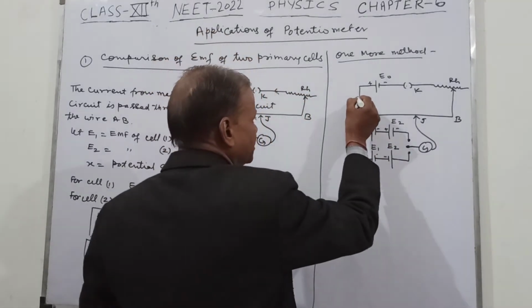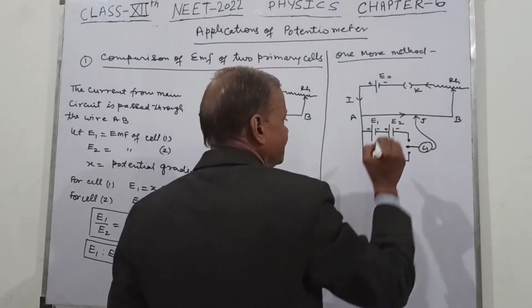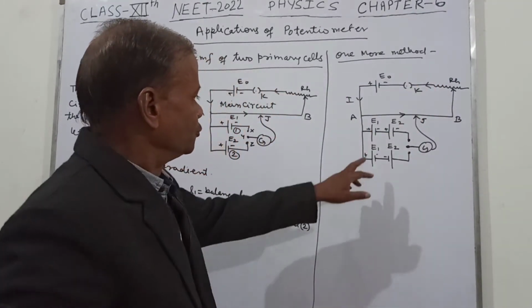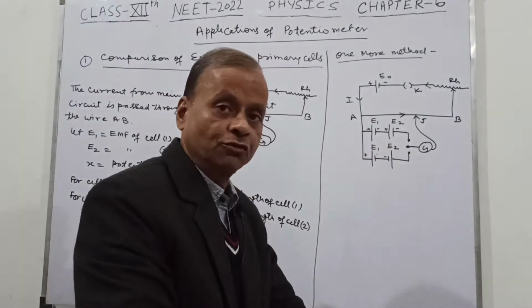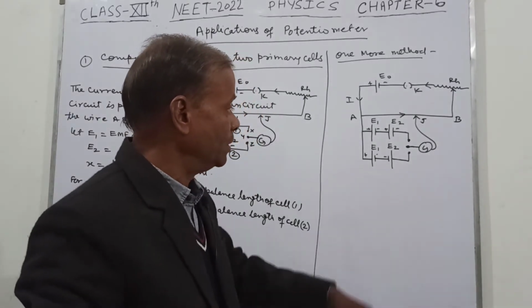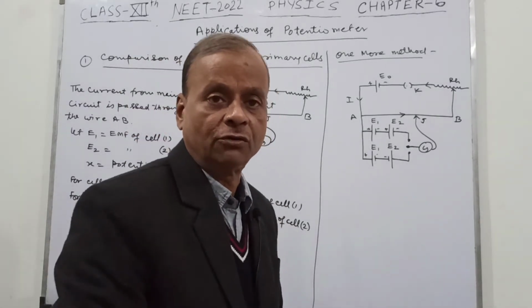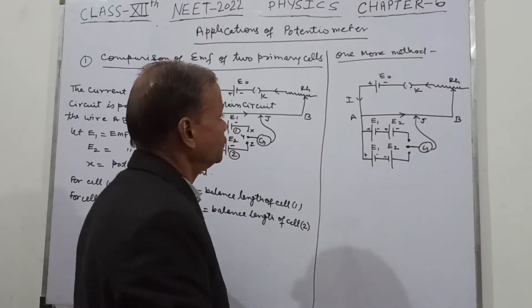Now this is the current I in the potentiometer wire. So in the first branch we have shown the E1 and E2 are in the same direction, so they are supporting each other. And here the E1 and E2 are in opposite directions, so they are not supporting each other.